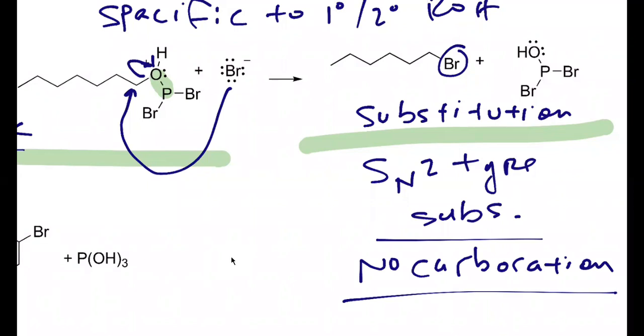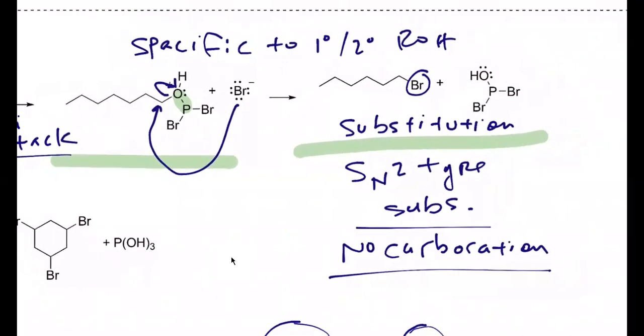All right, questions about that? Why is this method just specific for primary and secondary? Because it's a direct substitution, right? If you have a primary carbon, you don't want to make a carbocation on a primary. It's too unstable. So you need a method that's like a direct substitution method that's just going to attack the carbon itself without having to go through a carbocation.